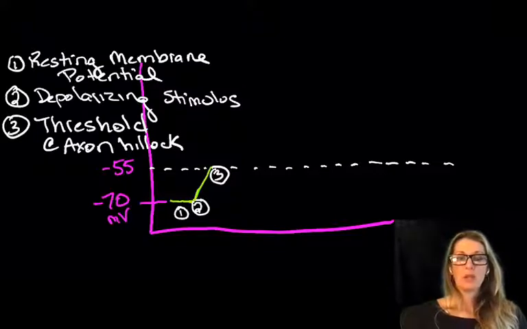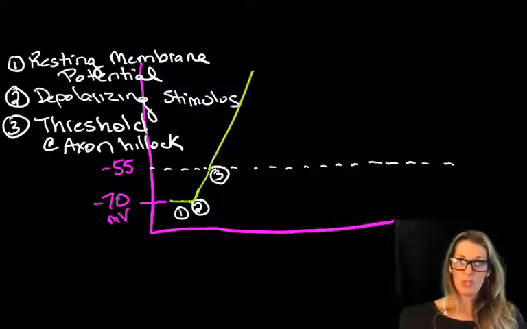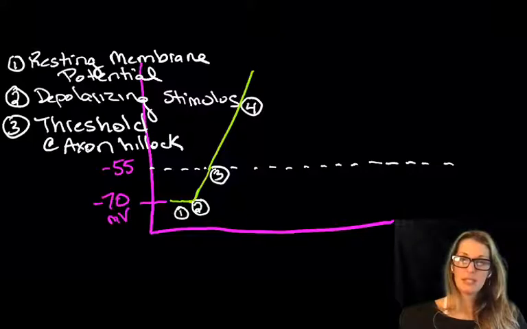Okay. What does this trigger? What happens when we reach negative 55 millivolts at the axon hillock? That triggers rapid depolarization.